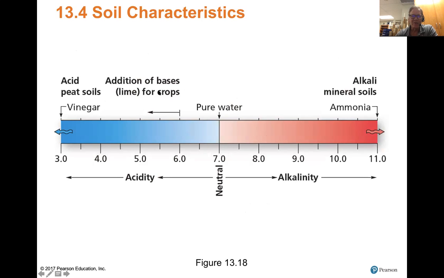And you can do a pH test where it will tell you, well, are the soils too alkaline or are they too acid? Acid ones are like peats. Alkalines are ones that are heavy in minerals. Pure water has a neutral pH of 7.0, so anything less is acidic, anything more is alkaline. And again, if you do the mineral labs in your lab component of this class, you usually will do some type of pH test for that.